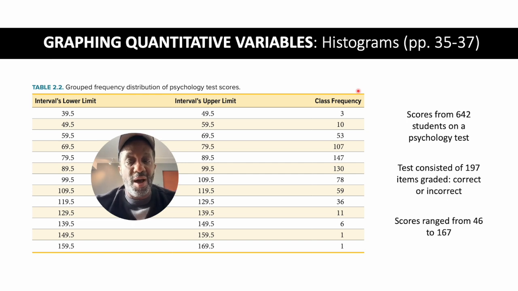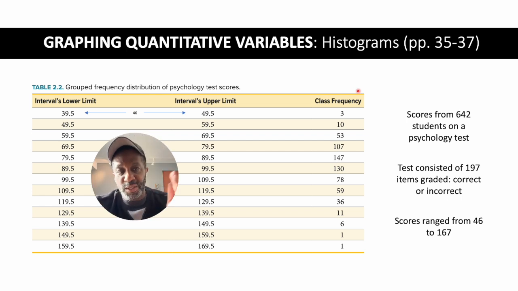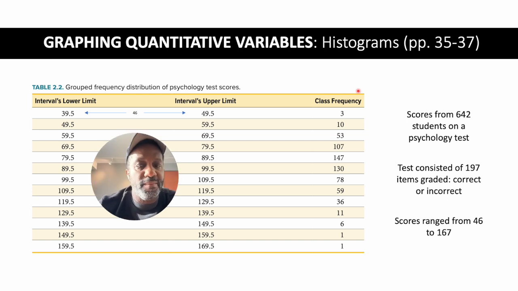How it's arranged is through what we call bins. 46 is the lowest score, and it's sitting in a bin where the lower interval is 39.5 and the higher interval is 49.5. There were three students whose scores were between 39.5 and 49.5.